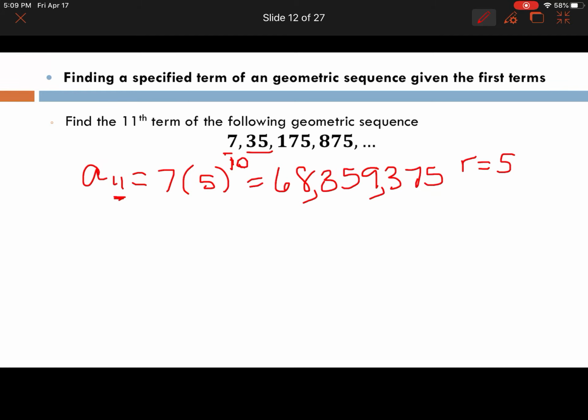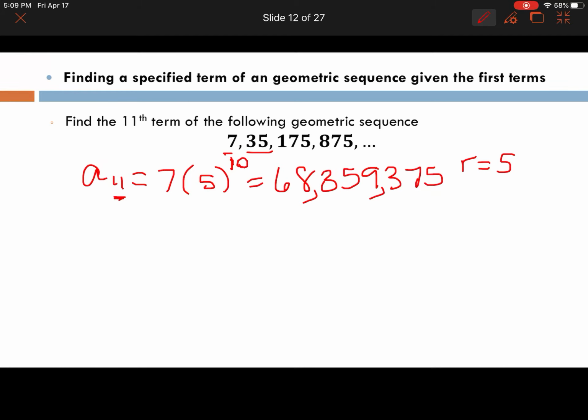Okay, so here's one more. Pause the video and see if you can try it. This time it didn't give us the actual sequence, but it gave us all the important information that we needed. So pause the video and see if you can find that. Okay, we're looking for a sub 10. So that's going to be the first term.